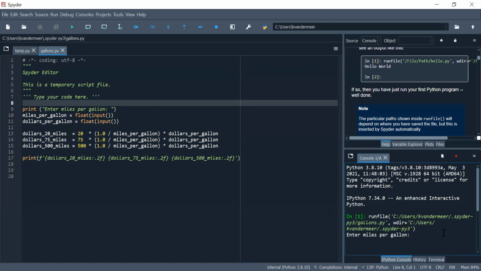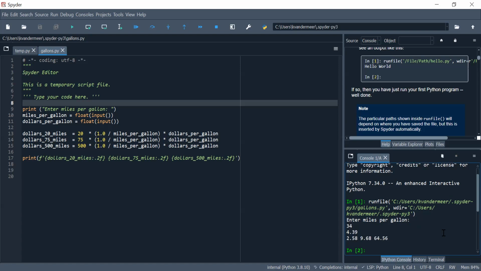Let's say I get 34 miles per gallon, so I put that there and hit enter, and it goes to the next line of code. Here it's looking for dollars per gallon, so this is how much gas is. $4.39, and I hit enter. And then there's my output.